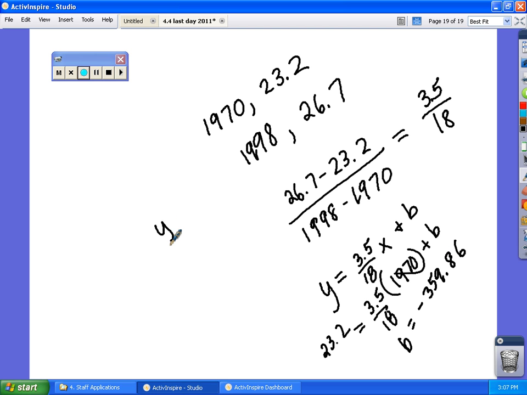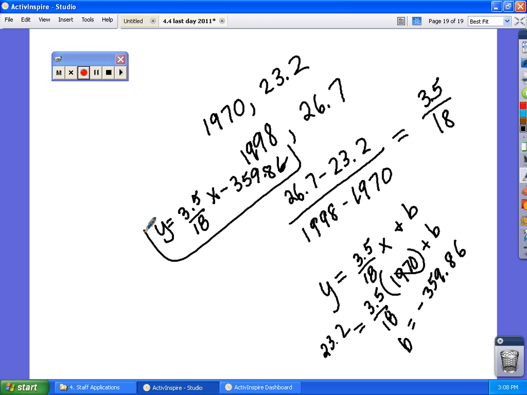Our equation is y equals 3.5 over 18 x minus 359.86. Now, from there, when it says use the equation to predict the median age for 2005, all we need to do is put a 2005 in there.